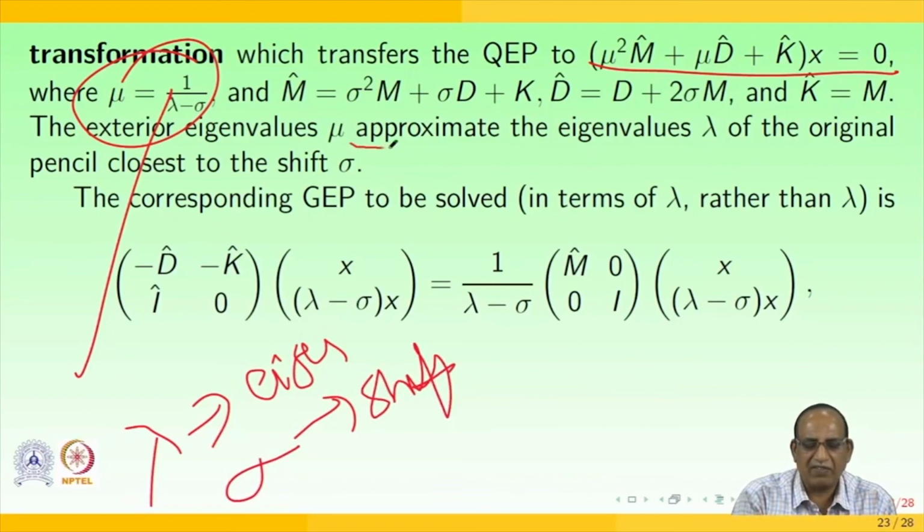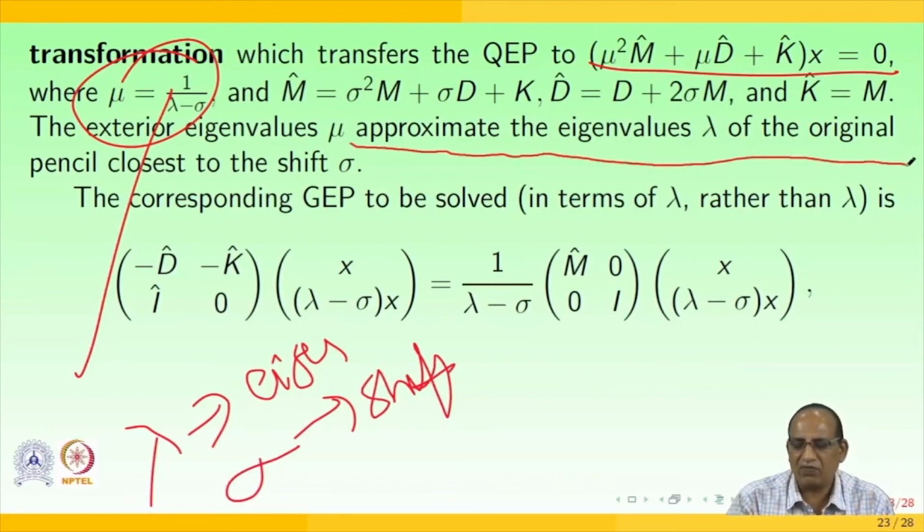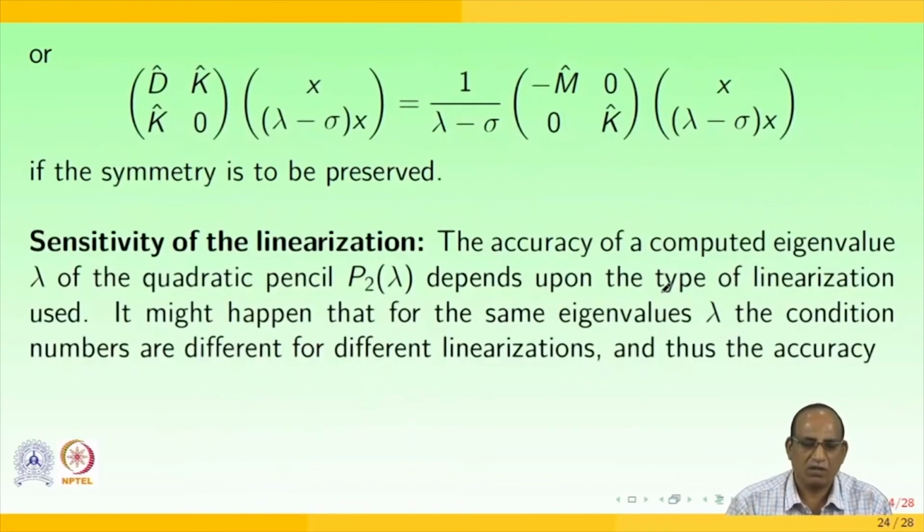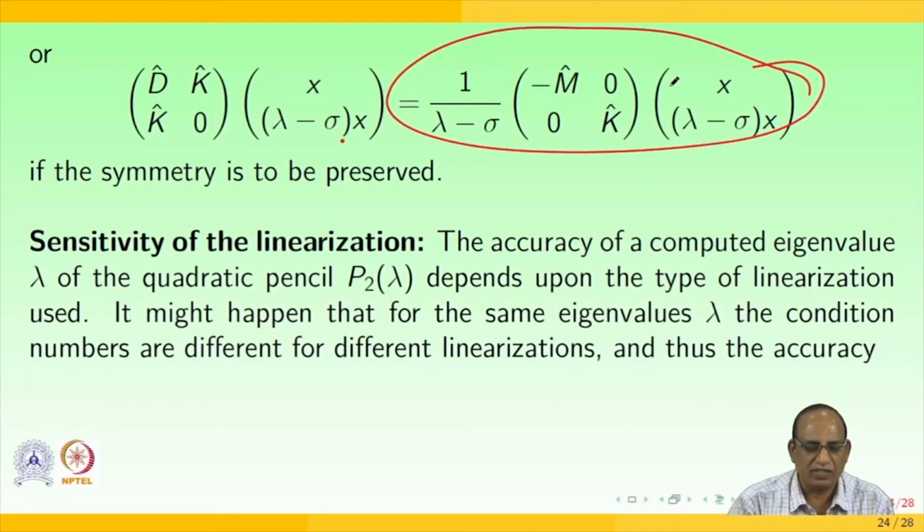So the exterior eigenvalues mu approximate the eigenvalues lambda of the original pencil closest to the shift. So you will have this form, with D hat, K hat, K hat 0, multiplied with K, and you get this form if the symmetry is to be preserved.